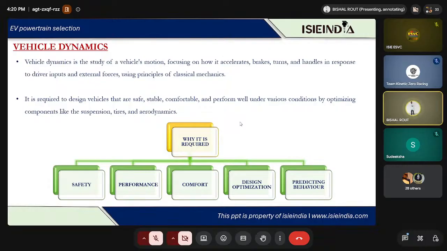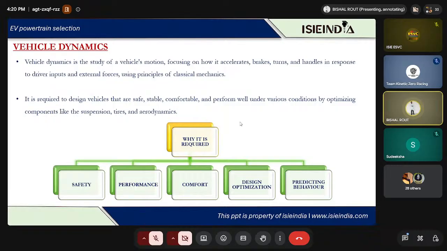All those things act on the vehicle like disturbances. In an EV, it tells us how the vehicle will accelerate, brake, steer, and corner, how the ride will behave over bumps, how the load transfer happens between the tires, and how to maintain stability. All those things are very important.